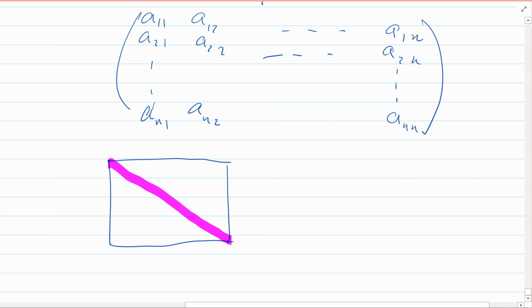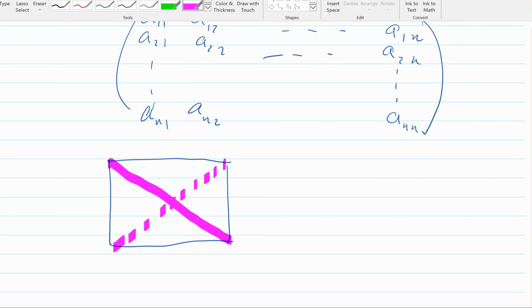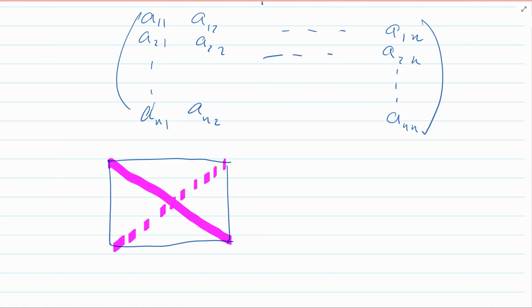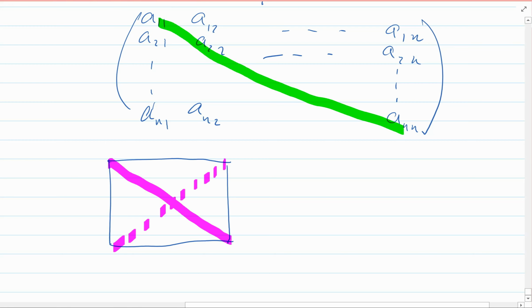This is the first one, and then you have the other one, which is this one. So there are two diagonals. In the case of a matrix, what you see here is what we call the main diagonal. We do have the other diagonal, but the green one that you see there is the main diagonal.